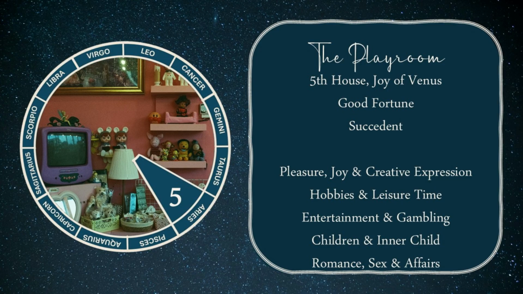As such, here we find a place to express our desires and indulge in what brings us pleasure. Any pleasurable activity can be found here. Creative arts and any other hobbies and passions through which we can express our own desires can be found in the playroom. But also romantic endeavors and sheer pleasurable sex can be found here.